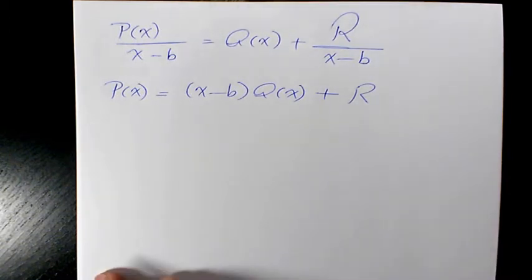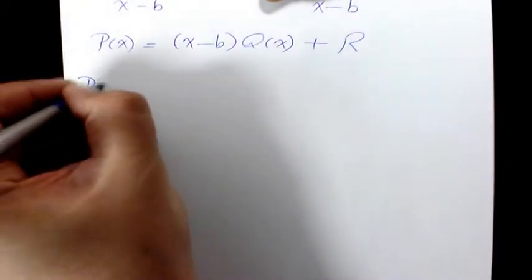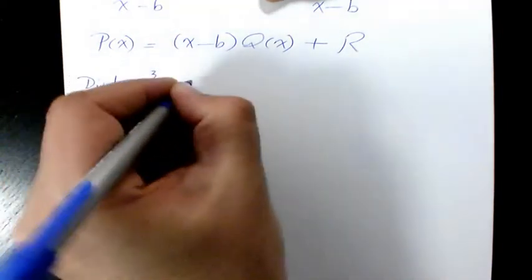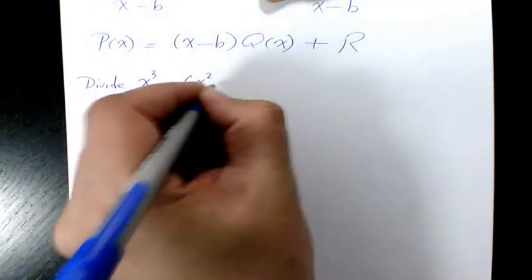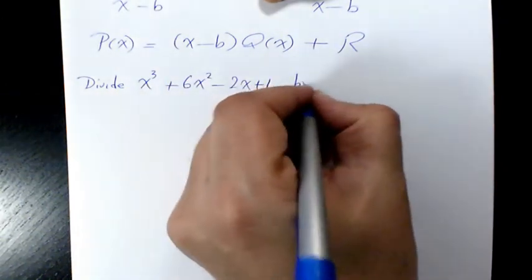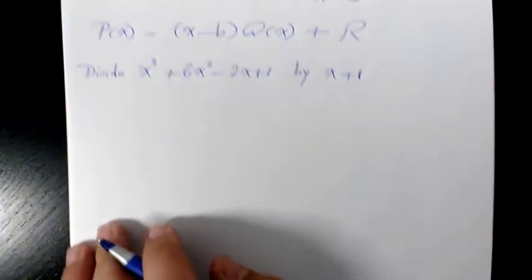Let's see another example. Let's divide x cubed plus 6x squared minus 2x plus 1 by x plus 1, and then identify the restrictions.